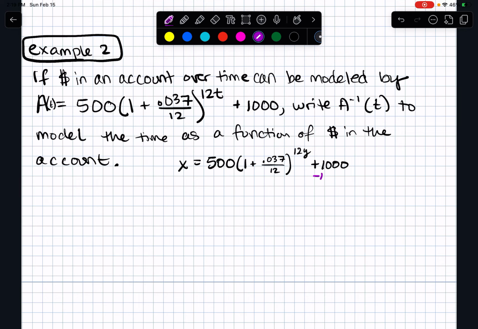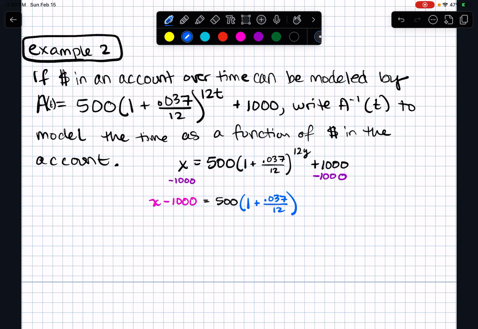So first step, let me subtract that 1,000. Now I've got x minus 1,000 equals 500 times, here's my base, 1 plus 0.037 all over 12.